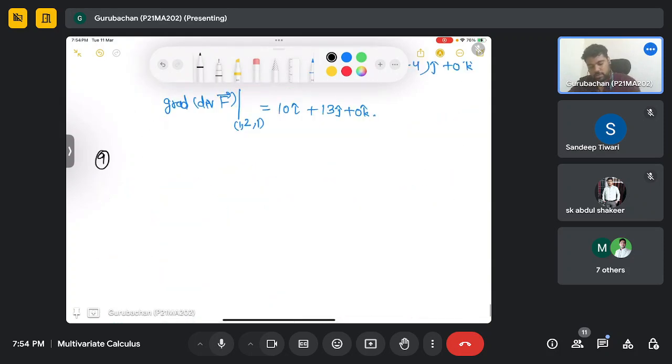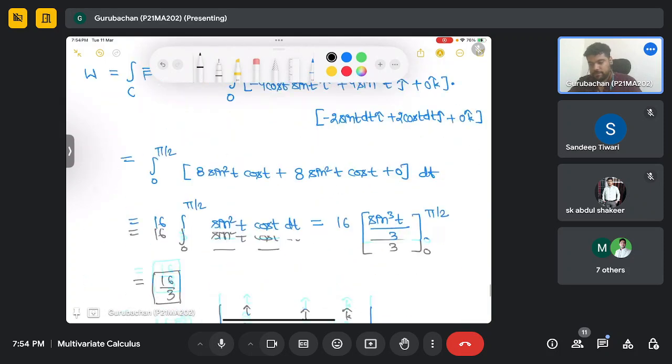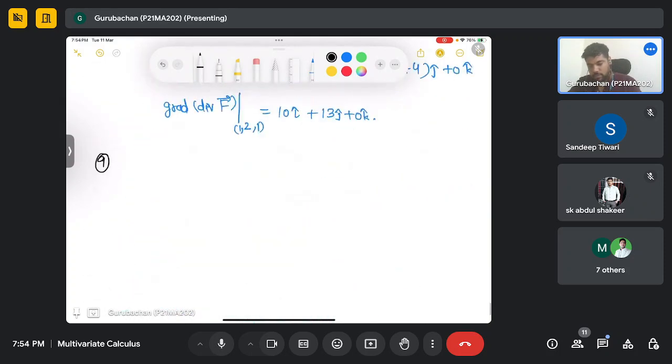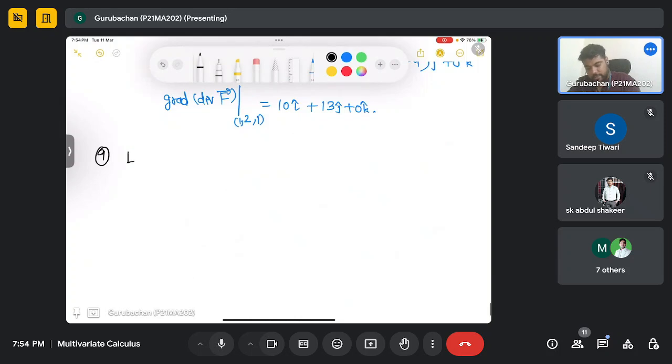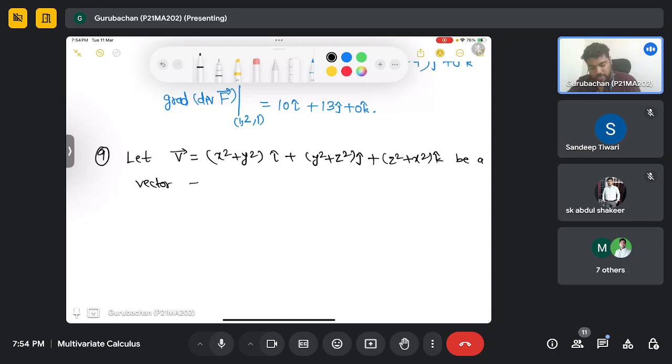So question number nine is: let we have given a vector v, x square plus y square i cap, y square plus z square j cap, z square plus x square k cap, be a vector field.